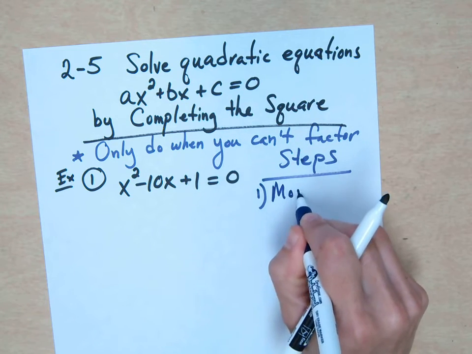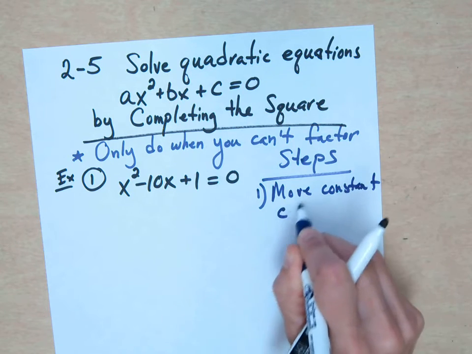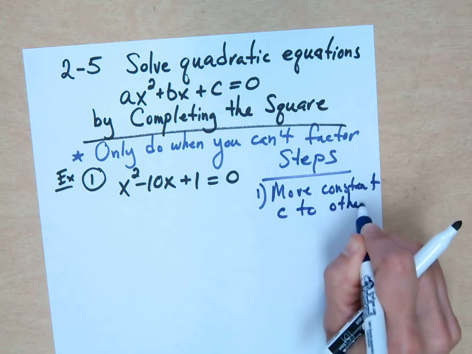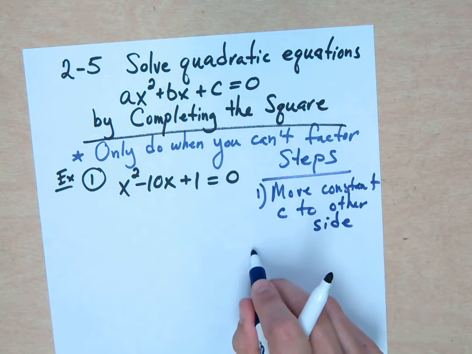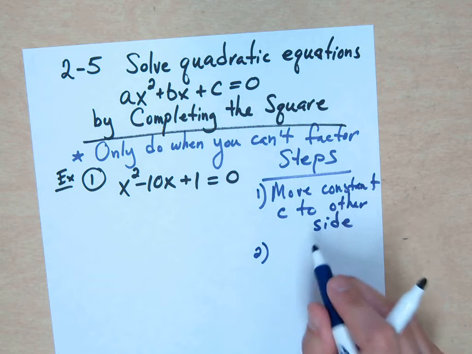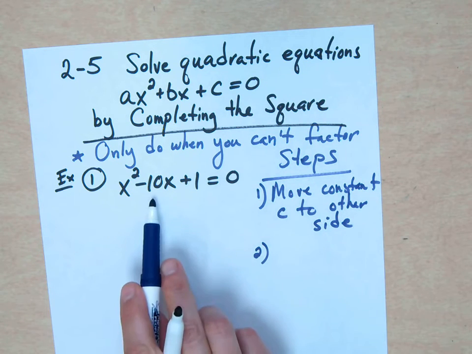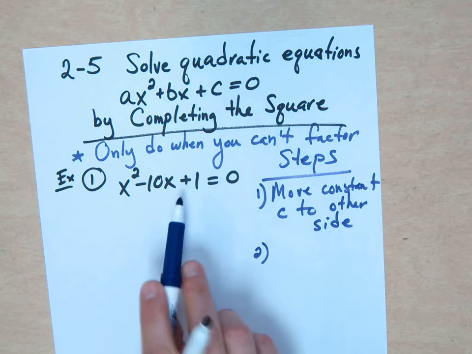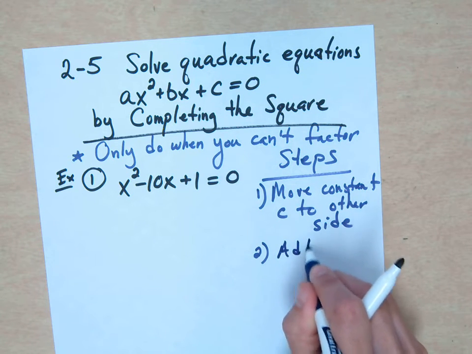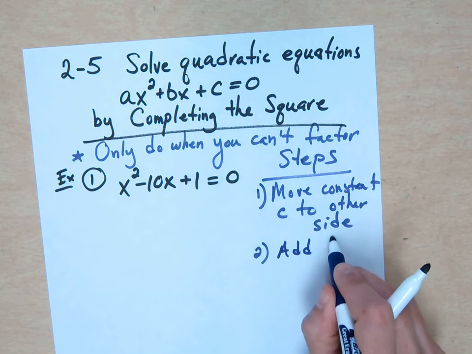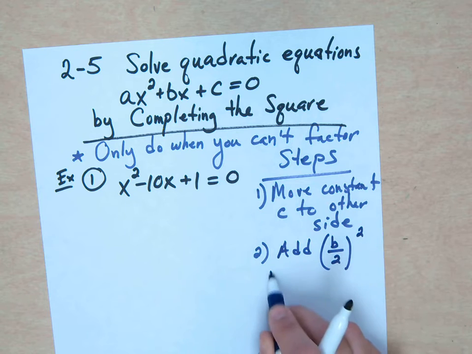So move the constant c to the other side if it's there. That's the first step. Two is where you complete the square. You take half of b, then you square it and you add that to each side.